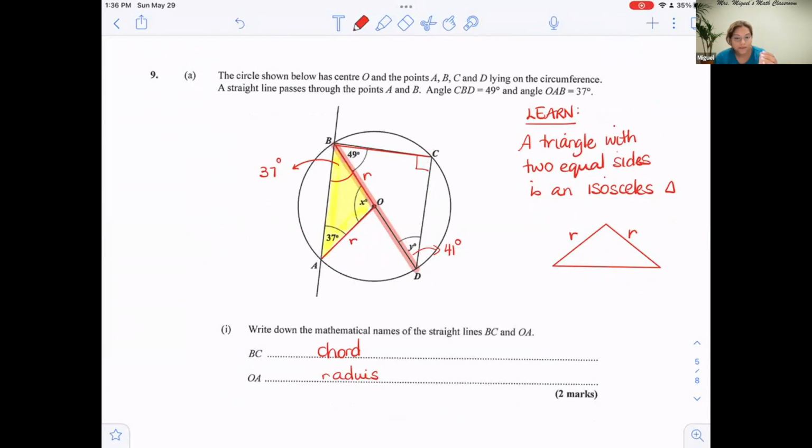The keywords, tangent, diameter, radius, right? Those are keywords that are supposed to trigger something in the circle theorems. Cyclic quadrilateral, all of those are keywords that will help you find the missing angles.